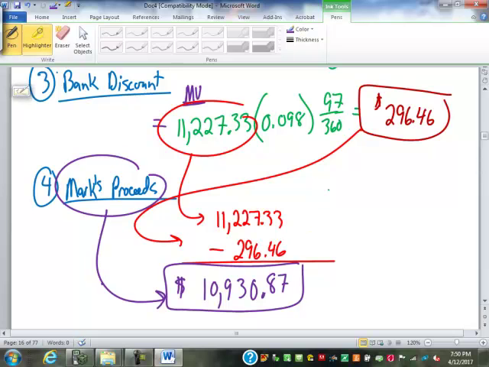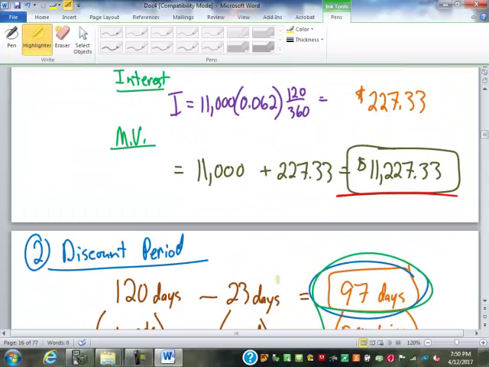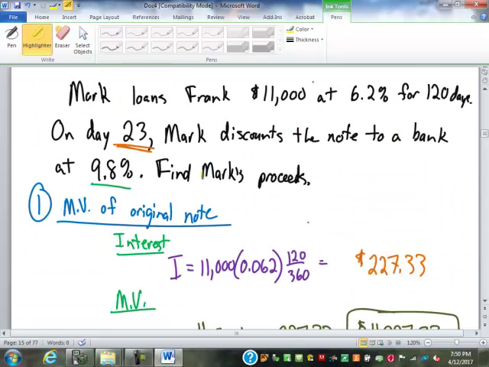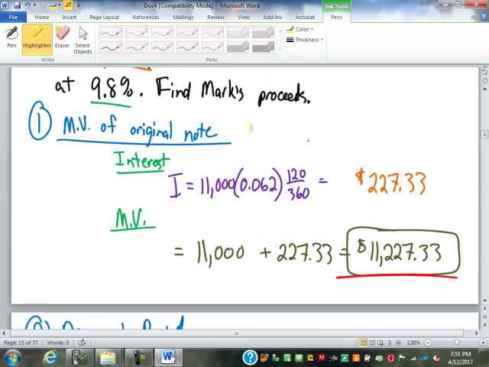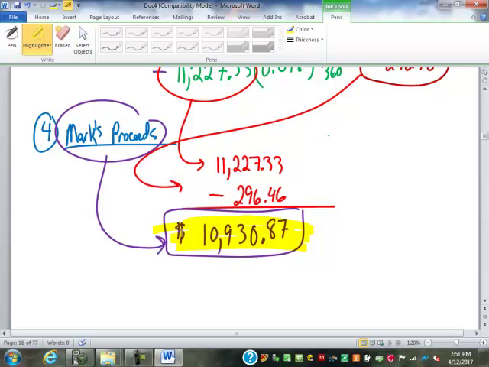Now, something I want to point out here. How does this amount compare to the amount that Mark originally lent to Frank? Mark lent out $11,000. He's only getting back $10,930.87.